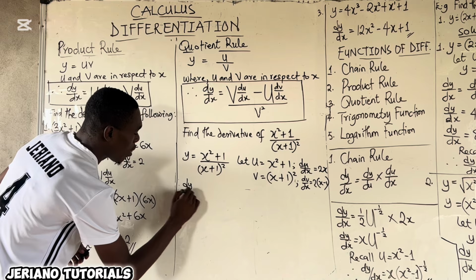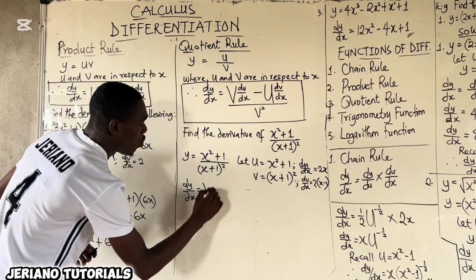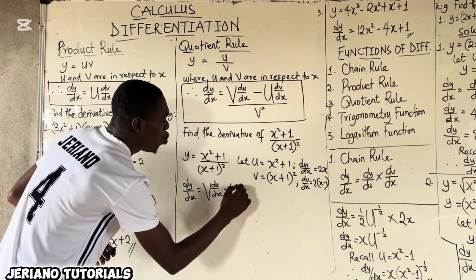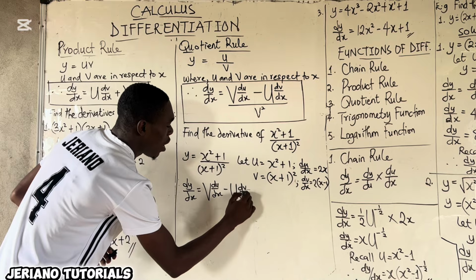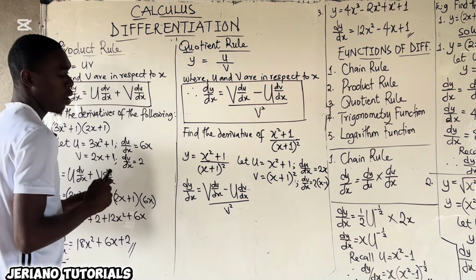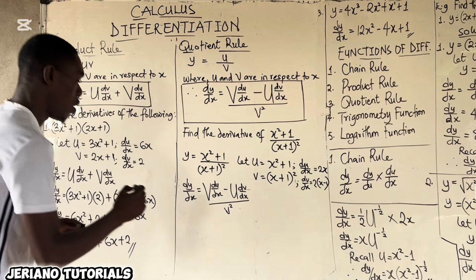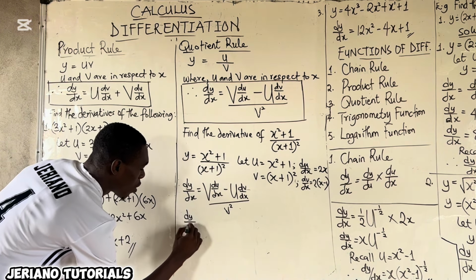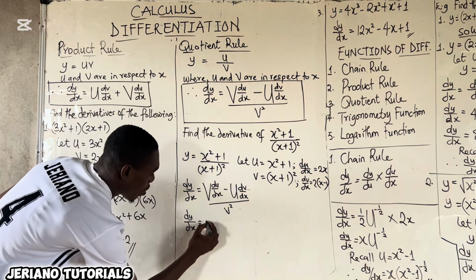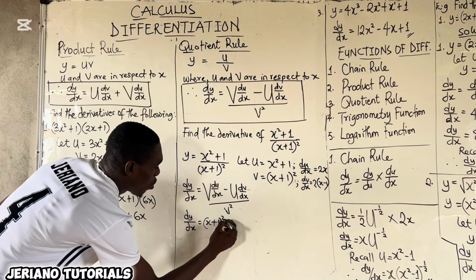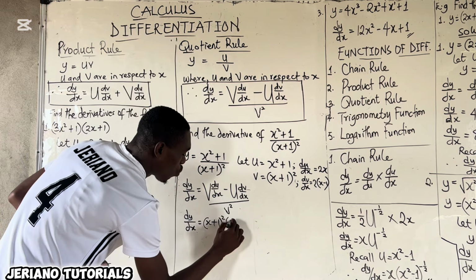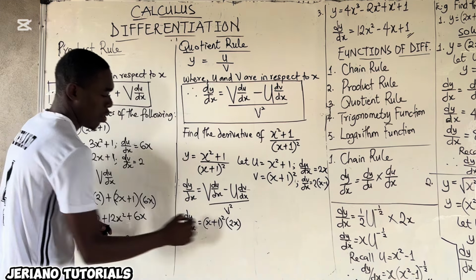dy/dx is equal to v du/dx minus u dv/dx over v squared. Now when we have it this way, dy/dx, our v is this, x plus 1 squared. Our du/dx is what? 2x.